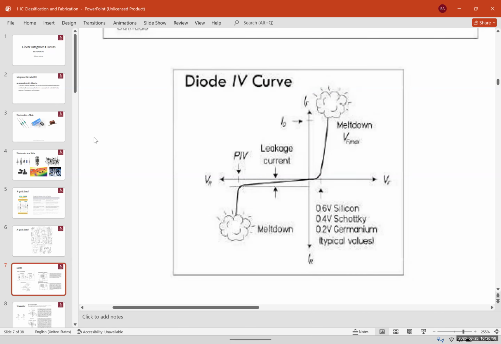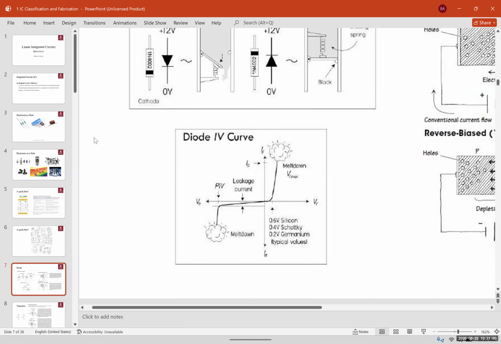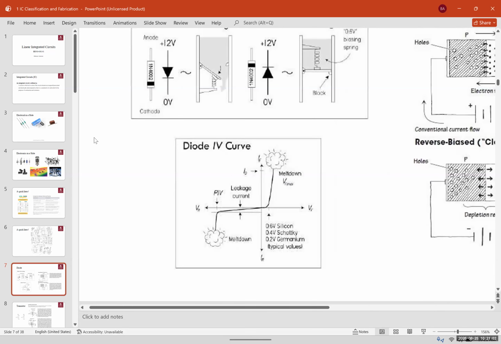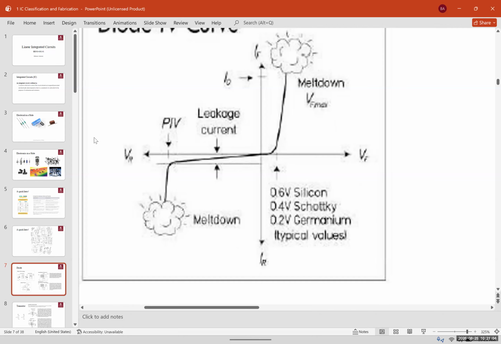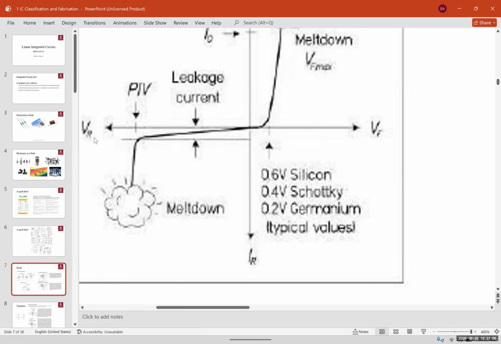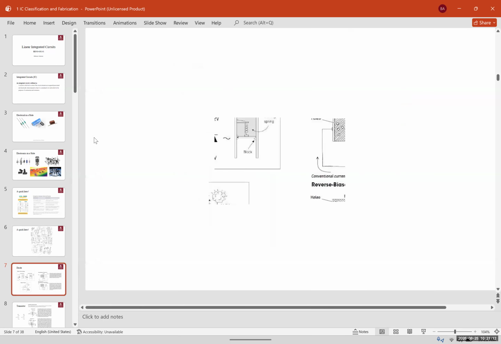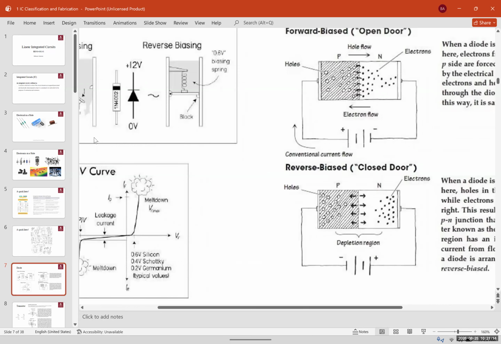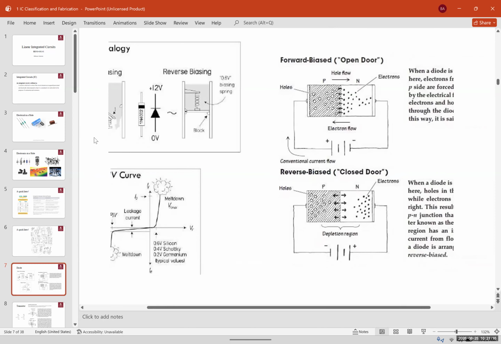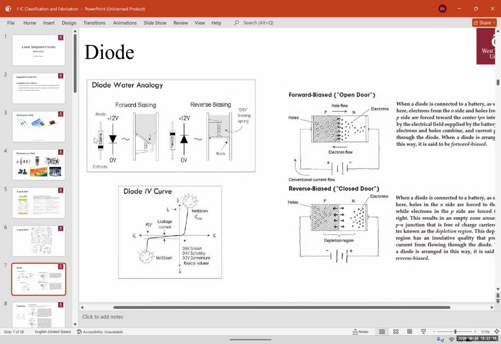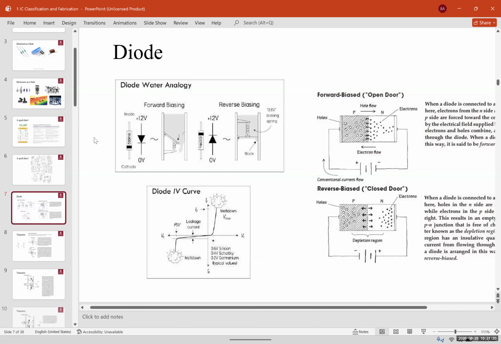And I'll explain more about those types as well. Now, as I mentioned, the forward bias voltage for silicon is around 0.6. For Schottky it's 0.4. For germanium it's 0.32, sometimes 0.4, depending on the diode and the type of doping that it has.